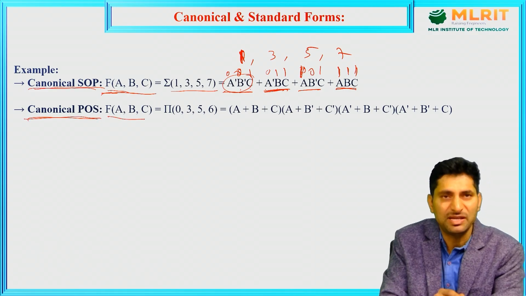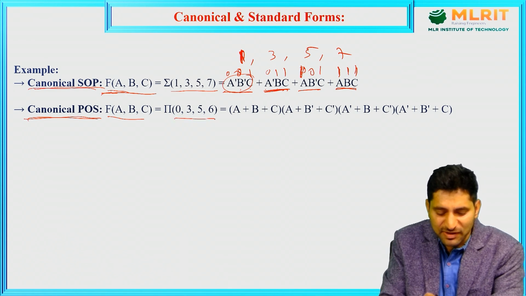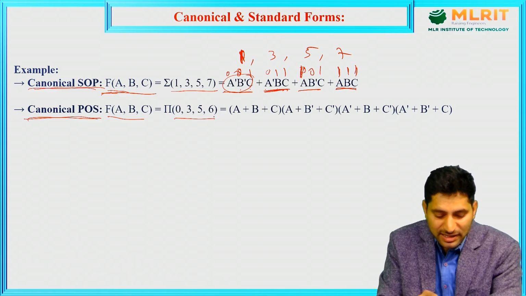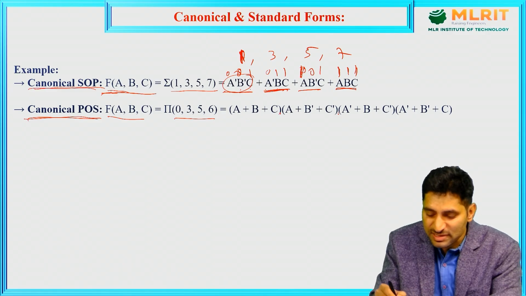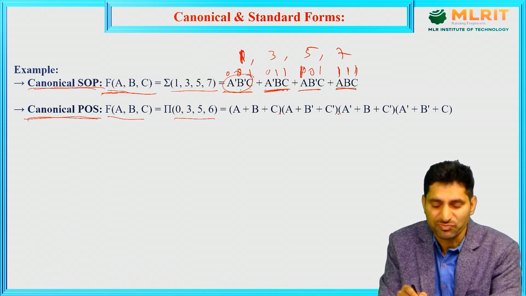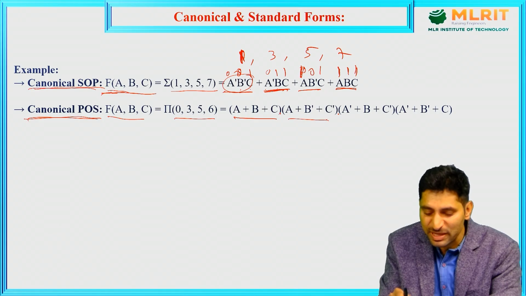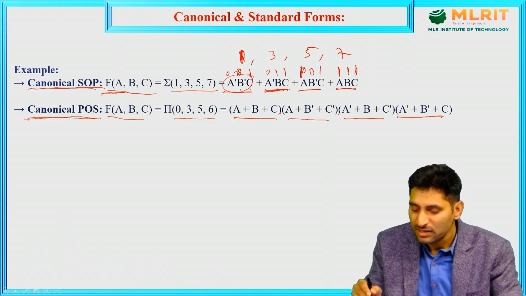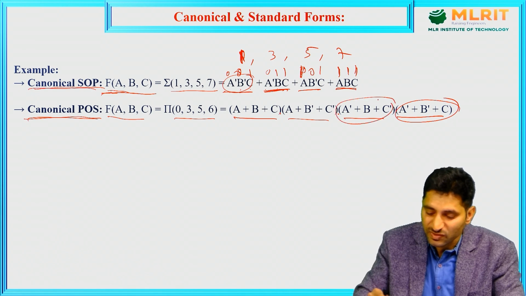Like that, canonical POS form. Let us take three variables for a random function F, with terms 0, 3, 5 and 6. In POS form, this is the product of sum terms. These are sum terms: A plus B plus C, A plus B bar plus C bar, A bar plus B plus C bar, dot, A bar plus B bar plus C. These all are sum terms.